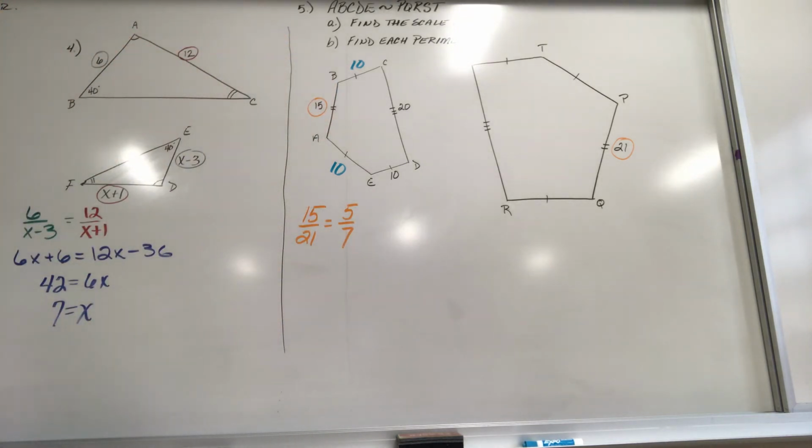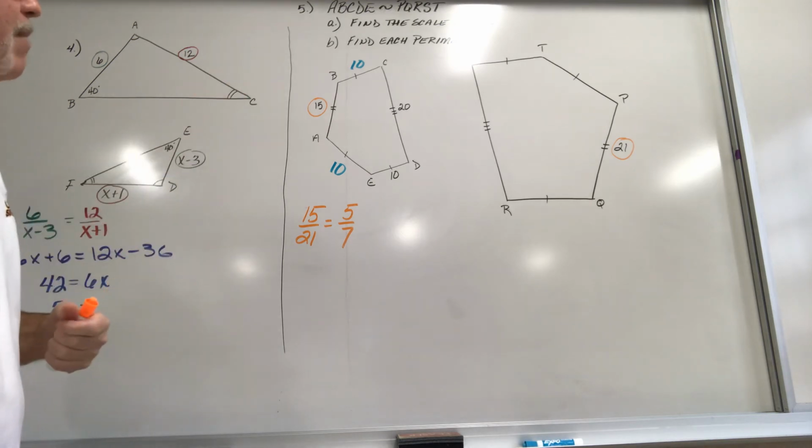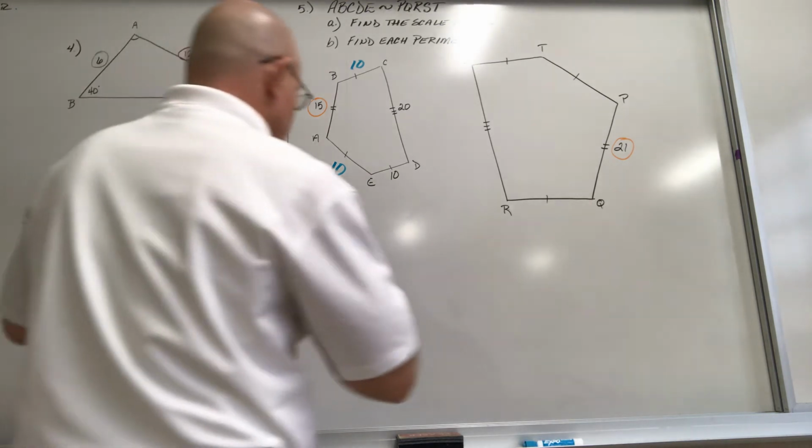That is your scale factor. Okay? So now that I know 5 over 7, I can find the remaining sides.